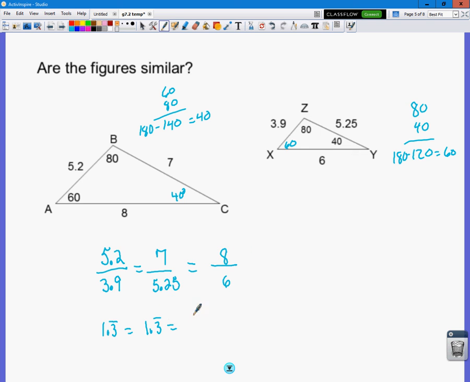And 8 over 6 is also 1.3 repeating. So this is proportional. So yes, they are similar.